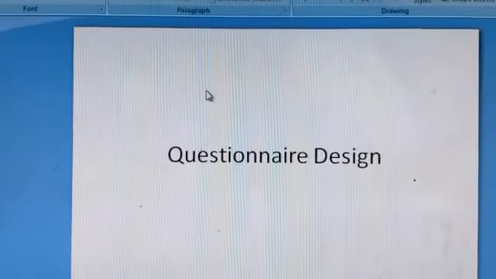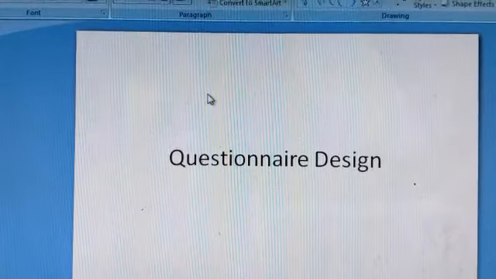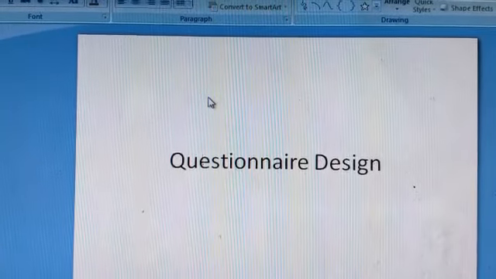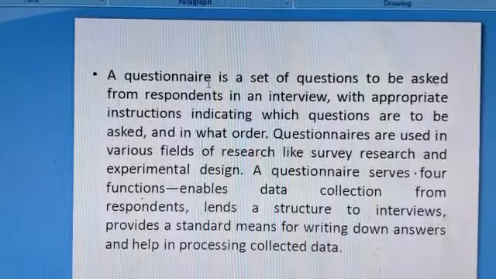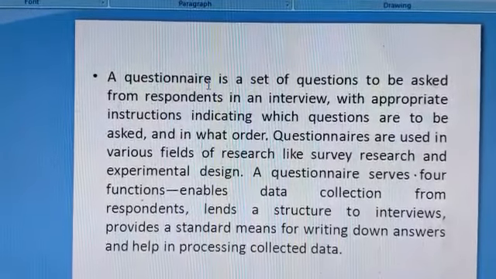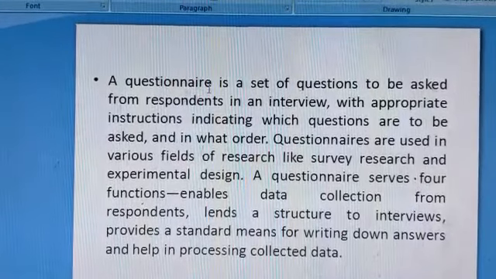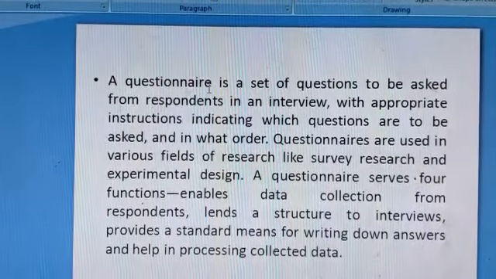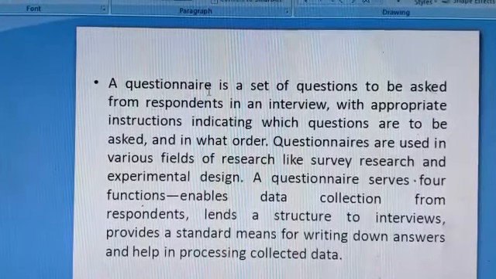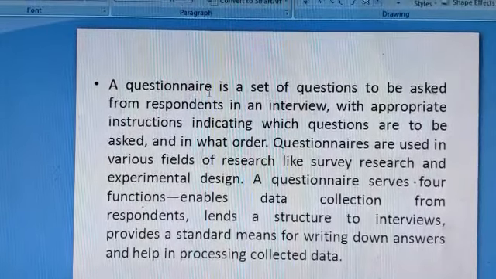Now let's discuss what we understand by questionnaire. We'll discuss questionnaire design. A questionnaire is a set of questions normally we ask the respondents in an interview, with appropriate instruction indicating what questions are to be asked and in what order.